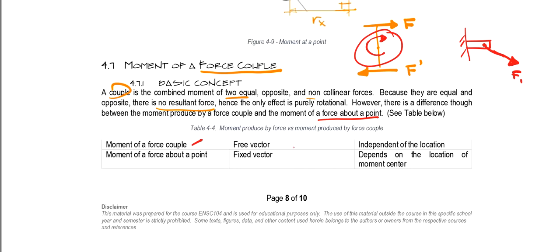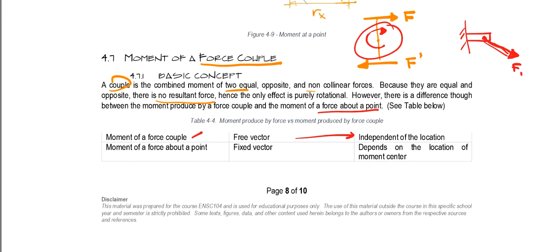Meaning the free vector, or the force couple, is independent of the location, right? While the fixed vector, the moment of a force about a point, is dependent on the location of the moment center. That's why we solve for the different locations of these forces.